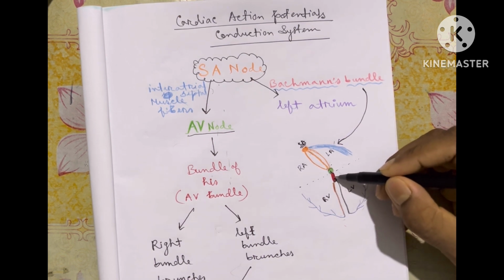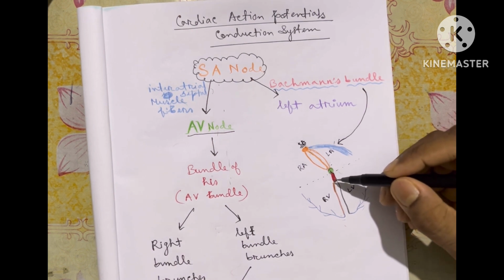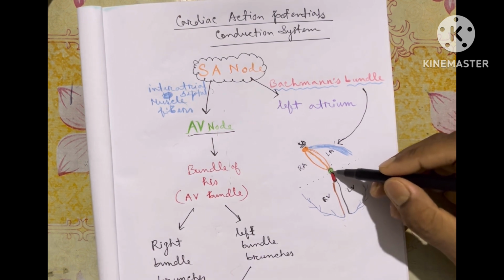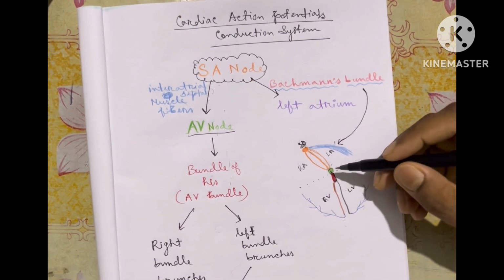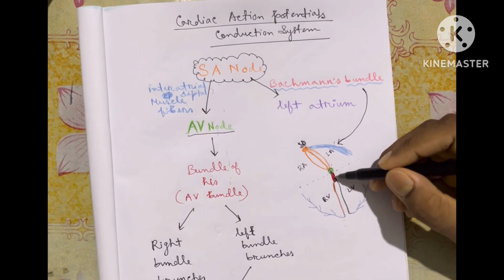The bundle of His is the group of cells which is mostly present inferior to our AV node. So now the AV node sends those signals towards the bundle of His.